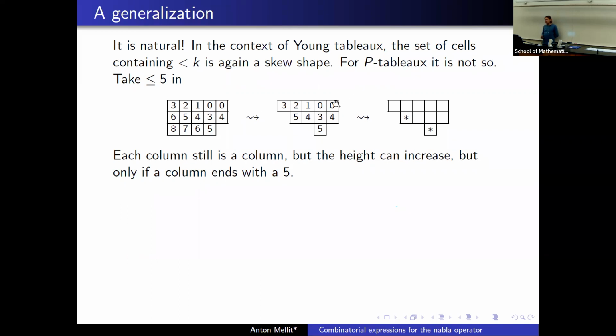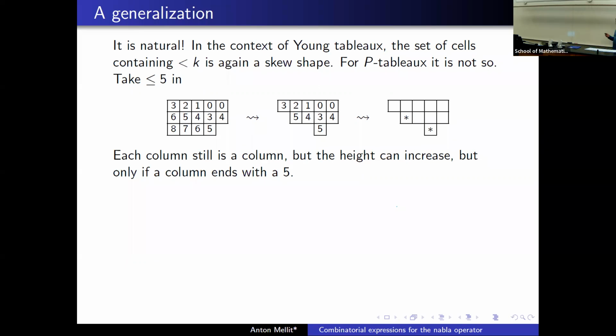So let's ask what kind of properties the new shape satisfies. Let's first think about the columns. Columns are really fast increasing numbers. So if you say less than or equal, you still get some part of a column. So that's okay, each column remains a column. But the only thing that can change is the height. The heights of columns of an ordinary Young diagram must not increase.